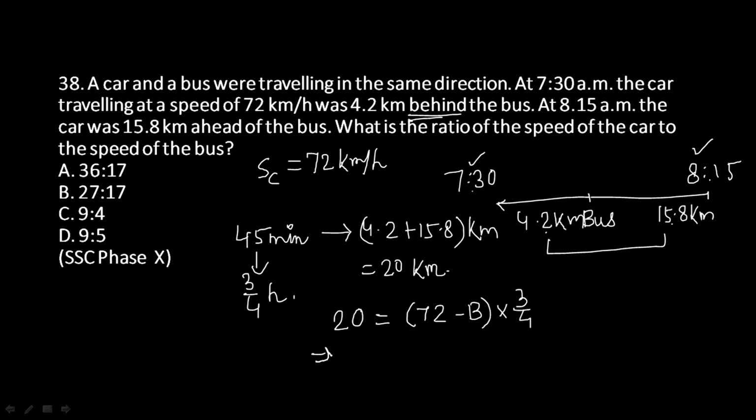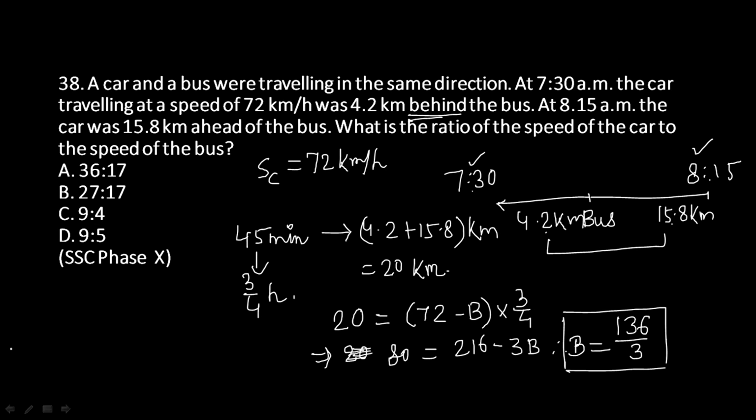So 20 km is equal to, okay, so 80 will be equal to 216 minus 3b. So b is equal to 136 upon 3, right? So we have got the speed of the bus now.